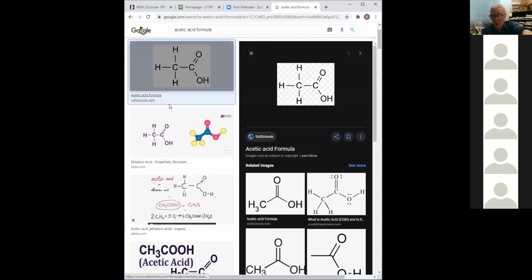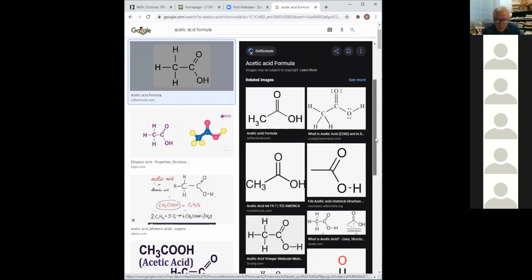Well, we know that the carboxyl group is an acidic group, right? Why? Well, there's a bond between that oxygen and that hydrogen. That breaks sometimes. And the hydrogen ion takes off, and that has a positive charge, and then the rest of the molecule becomes this big negative ion.